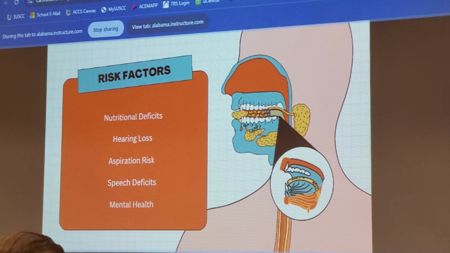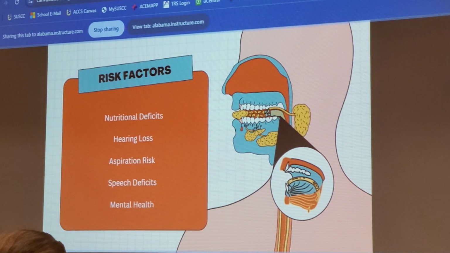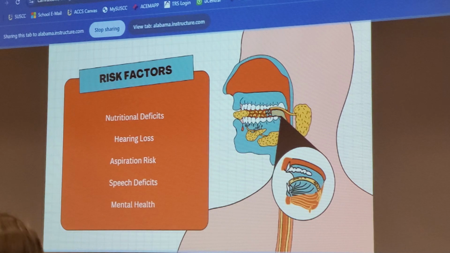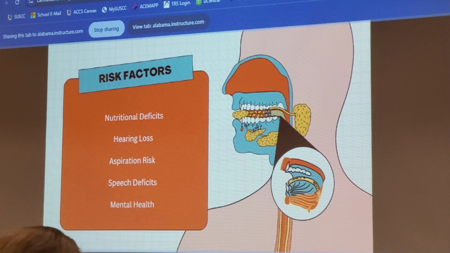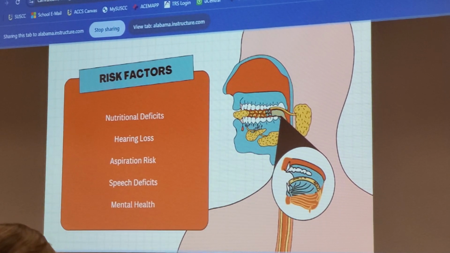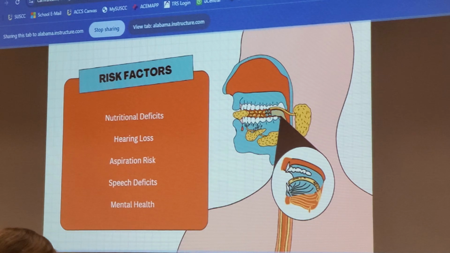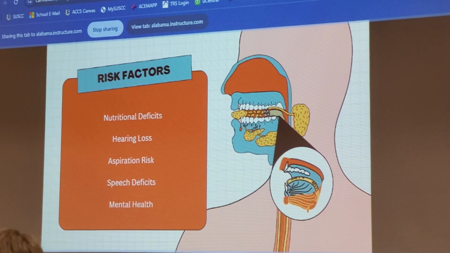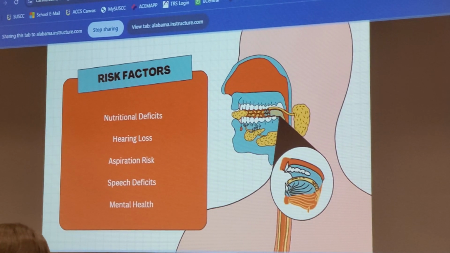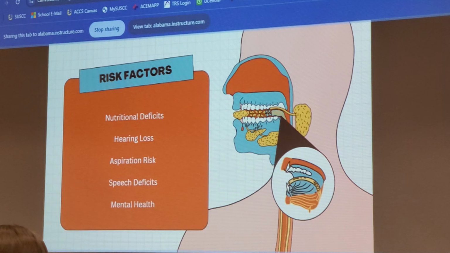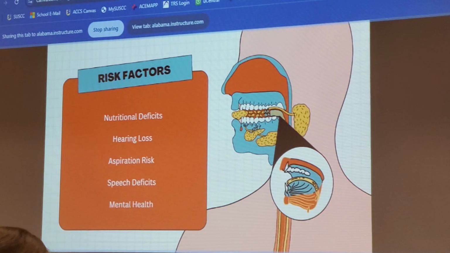And then hearing loss. Why hearing loss? It's all connected. Again, that's not a really good representation of the picture of it. That's just a generalized picture. But some of the musculature within your palate, within your lips, also controls the pressures within your middle ear as well, allowing air in and out.